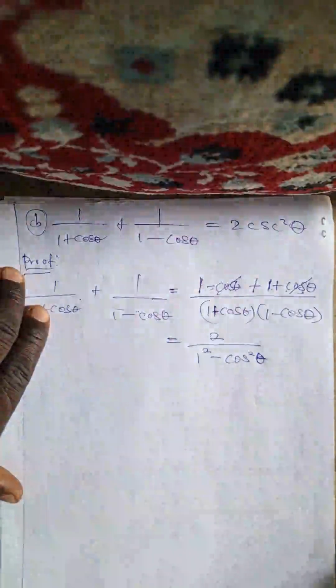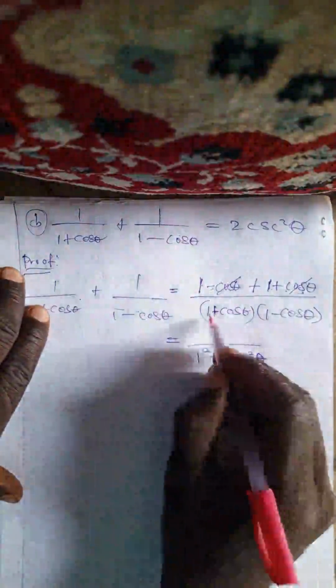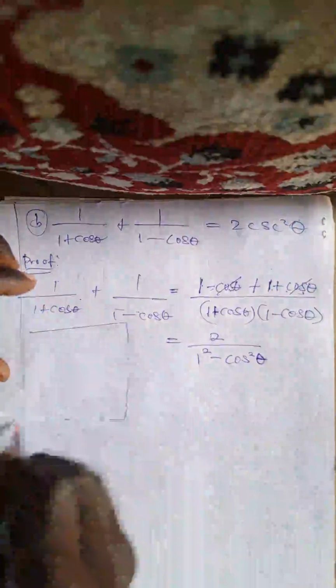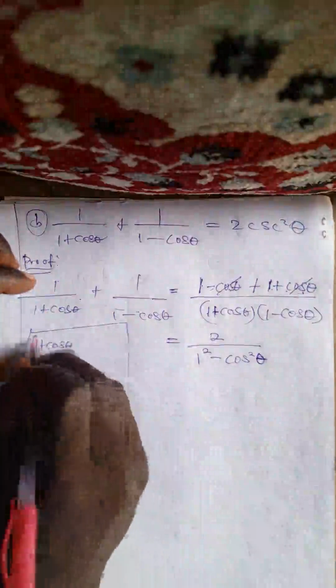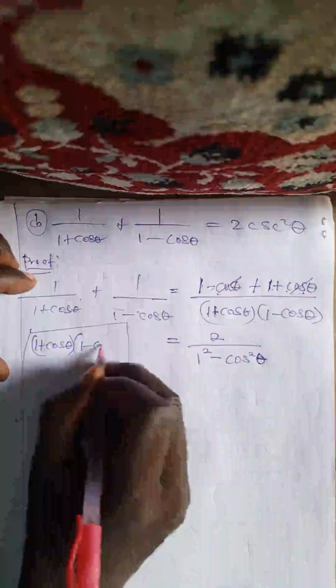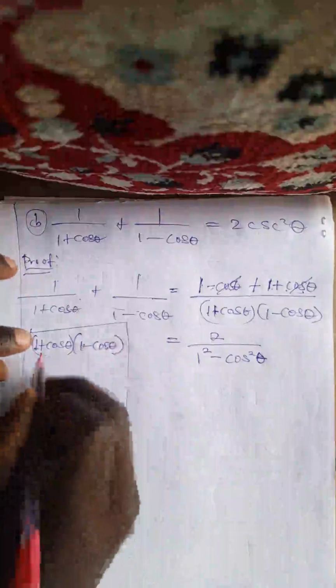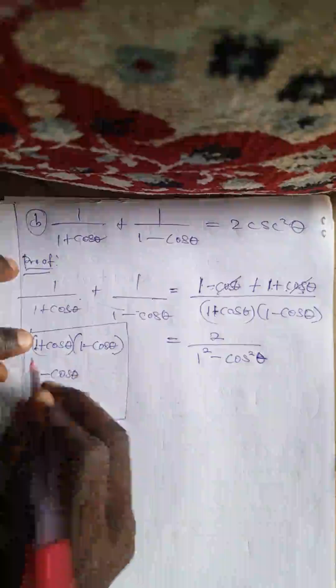But what is this? You can expand the bracket, please, not even saying that it is the difference of two squares only. One can say that 1 plus cos theta into 1 minus cos theta: 1 times 1 is 1. 1 times cos theta, we have minus cos theta.